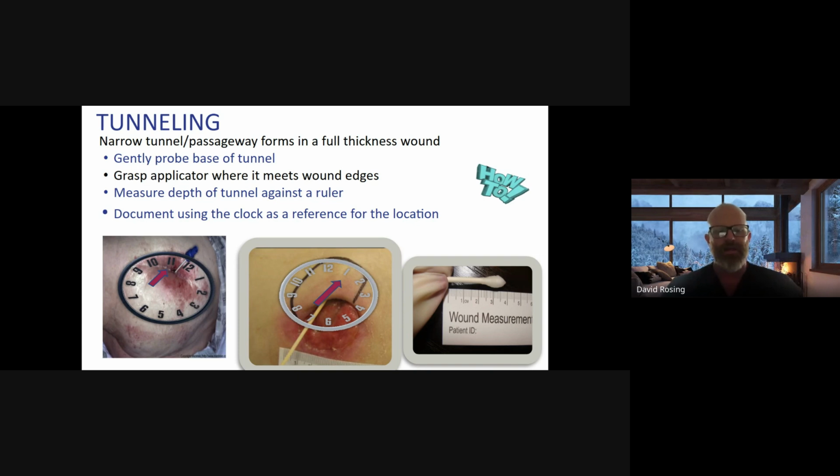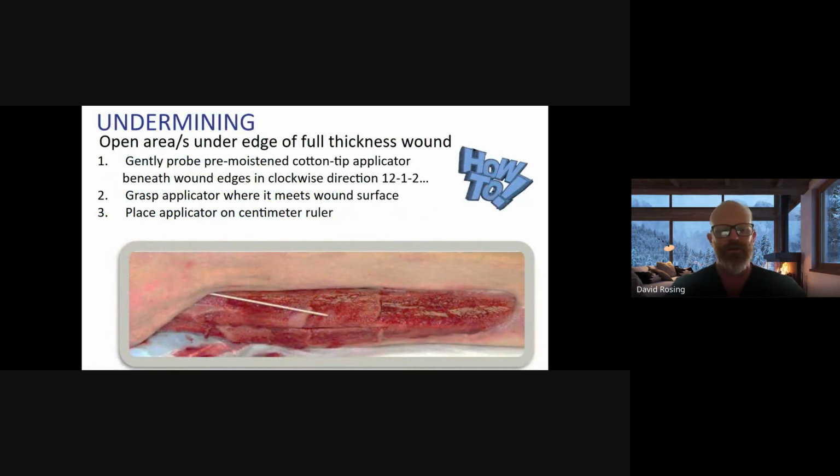So same idea here, looking at these photographs, looking at different tunneling locations. You want to kind of do it along the clock. Again, 12 o'clock is usually going to be at the head, 6 o'clock at the feet. And you can see they're using this thumb, pressing it there to show how deep the tunneling is. Same idea with undermining.